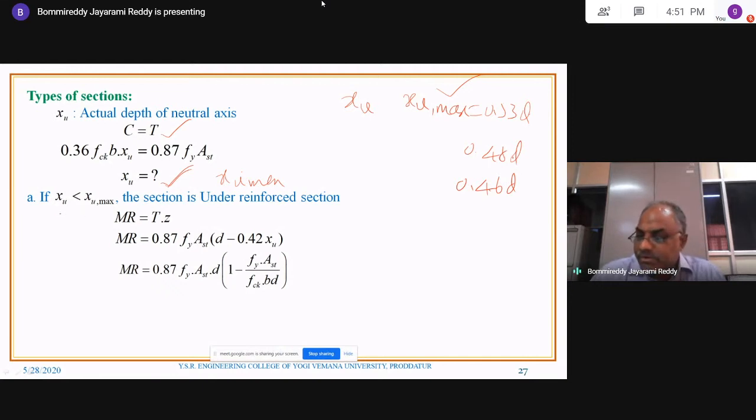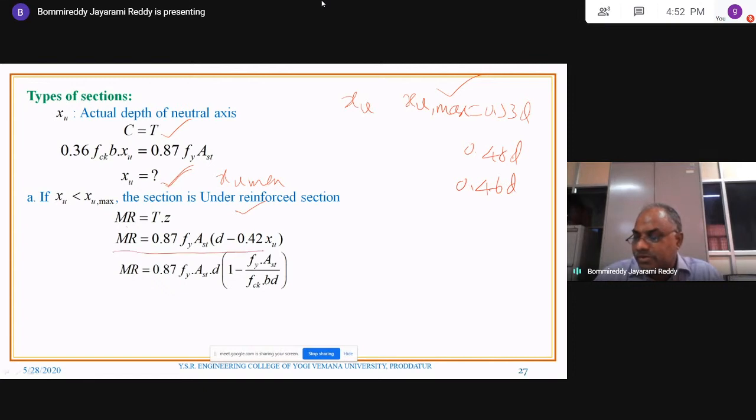If XU is less than XU maximum, the section is under reinforced, the same concept as earlier. Then what is the moment of resistance? Tensile force multiplied by Z. What is the tensile force? 0.87 FY AST, and Z is d minus 0.42 XU.